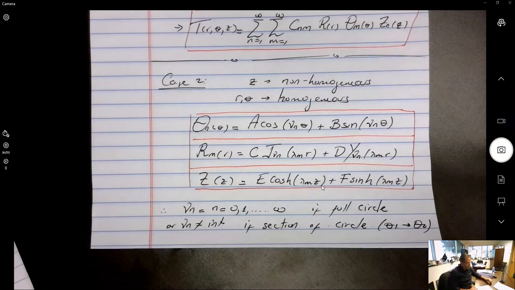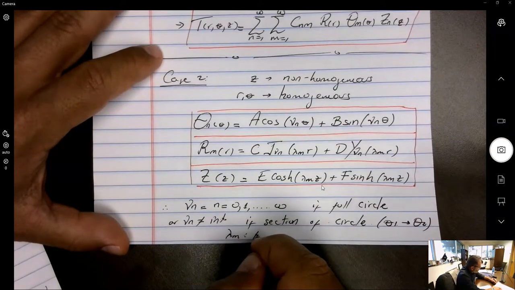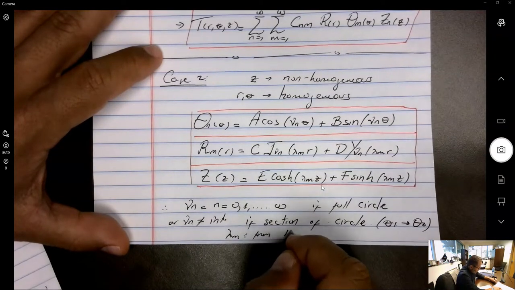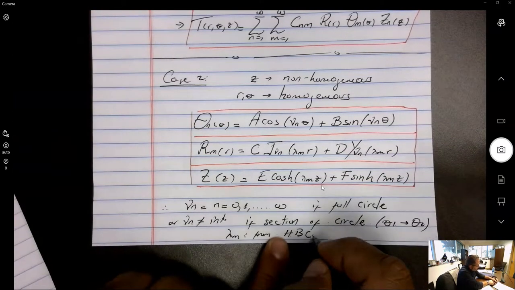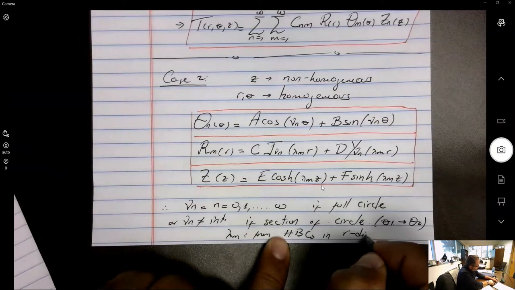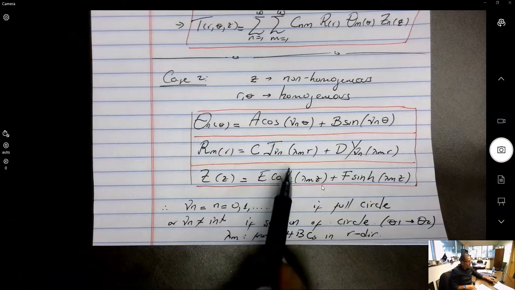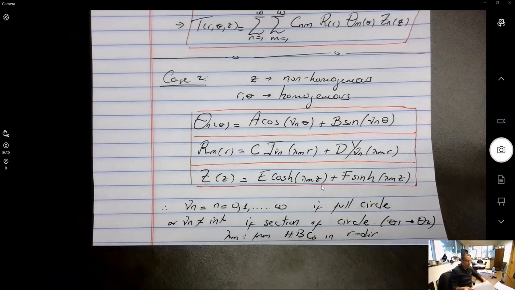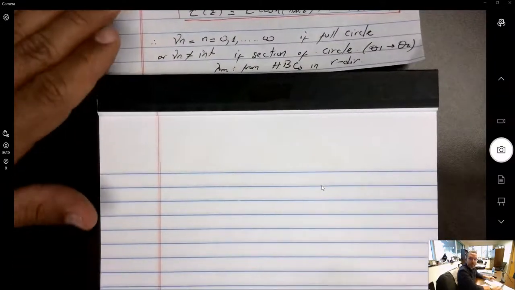Again, we'll illustrate that in a minute. And the lambda m's come from the homogeneous boundary conditions in the R direction. Whether first kind, second kind, or third kind, you go to the table and get what the eigenvalues are and the norm itself. And finally, what happens in case 3?